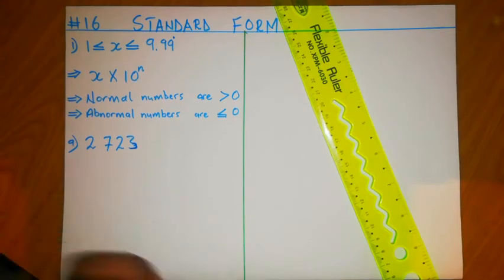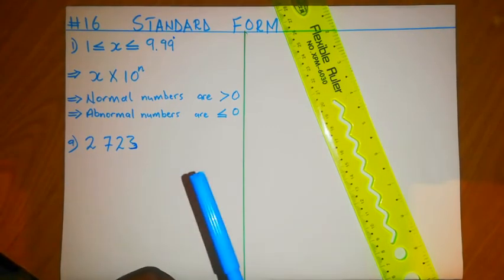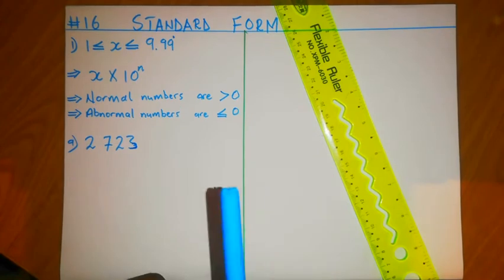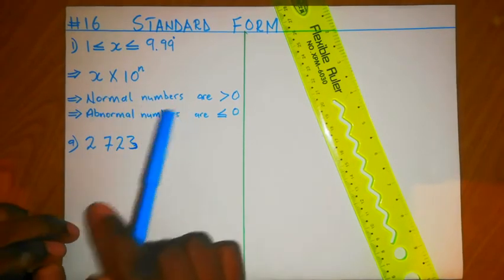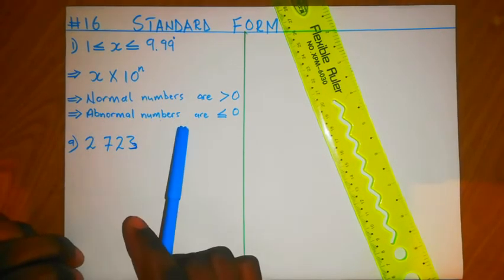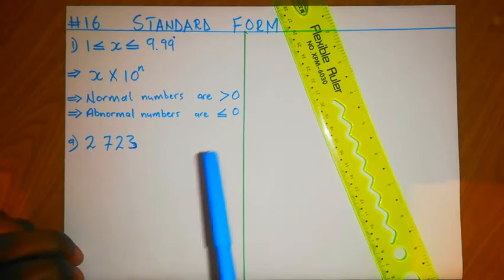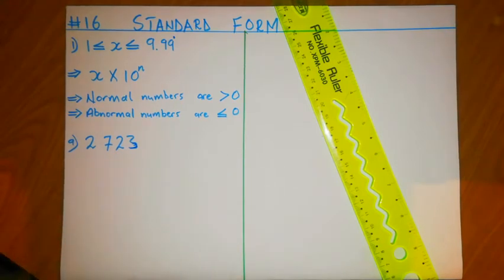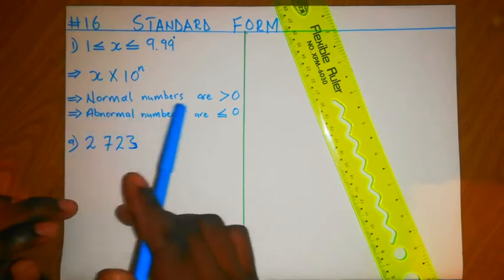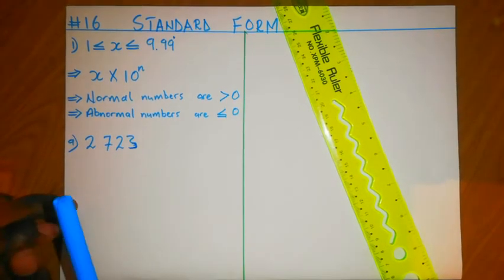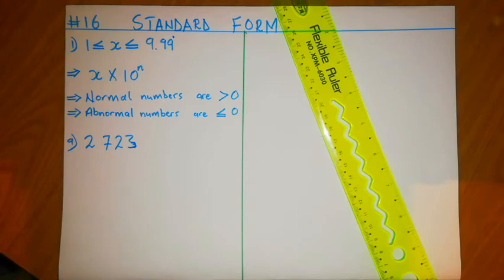I have two distinct types of numbers that I'll use so that you understand this concept very quickly. I categorized my numbers into two: what I call normal numbers and what I call abnormal numbers. A normal number is a number that is greater than 0, so I can regard 1 as a normal number.